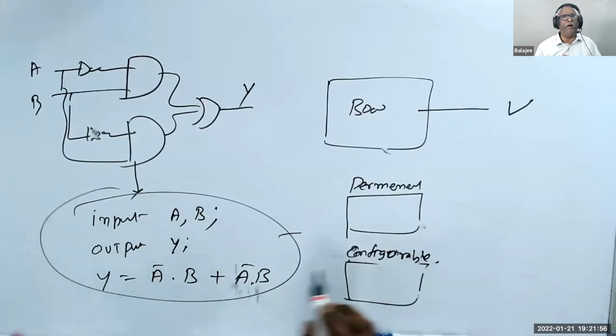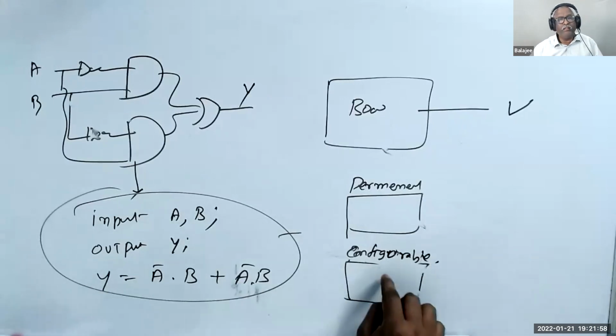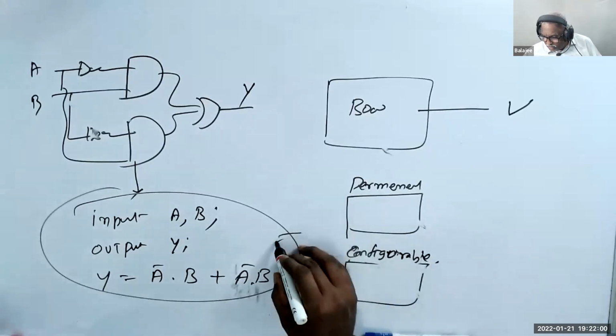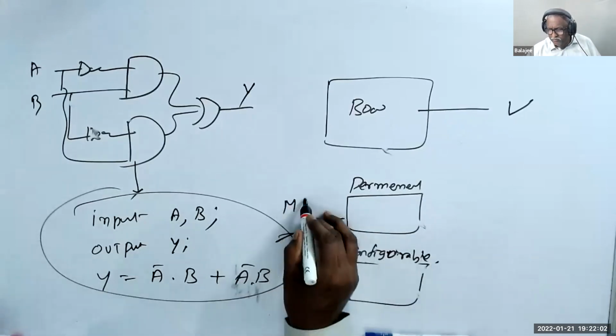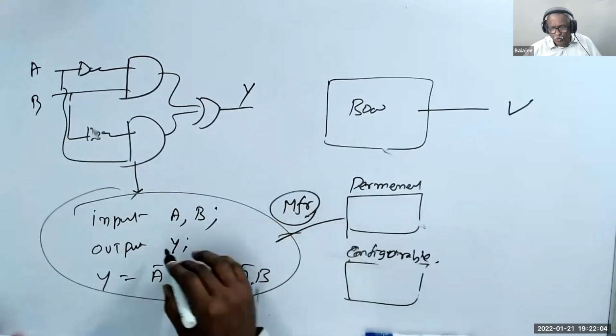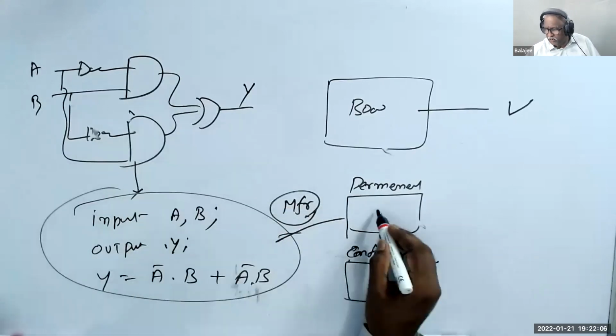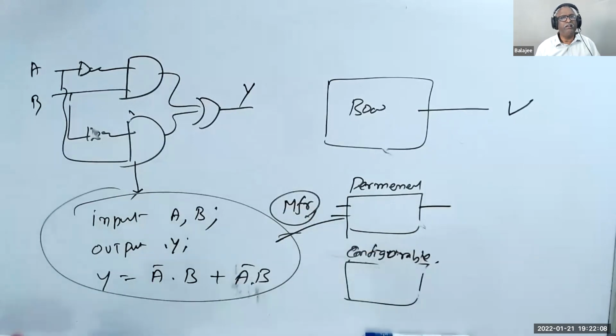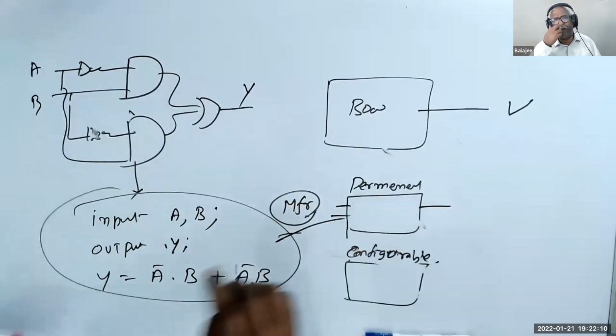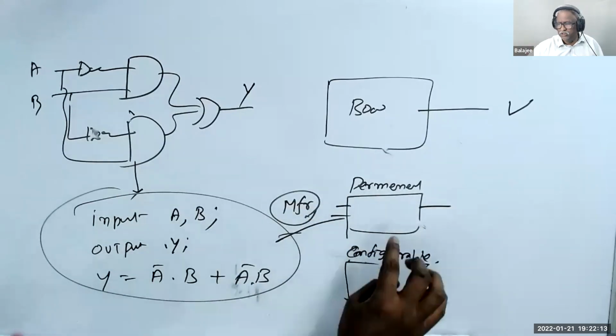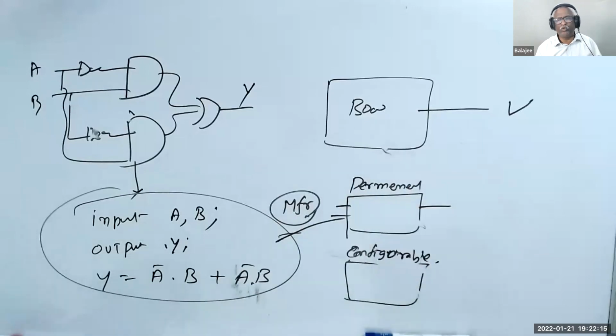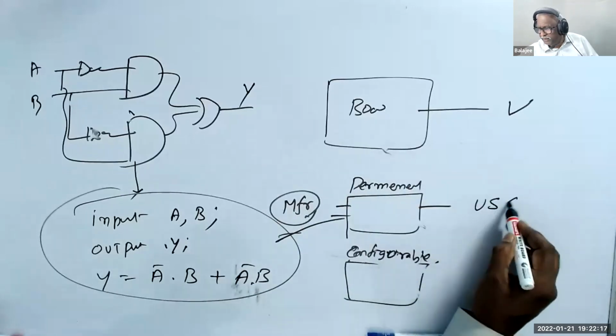Please understand, when you buy a chip from the market, the permanent chip means that you have to give it to the manufacturer. The manufacturer puts the equivalent circuit here, and gives it to you. That is the permanent one. So you cannot change once the manufacturer has done it. So this IC, you can use it, but cannot change it.